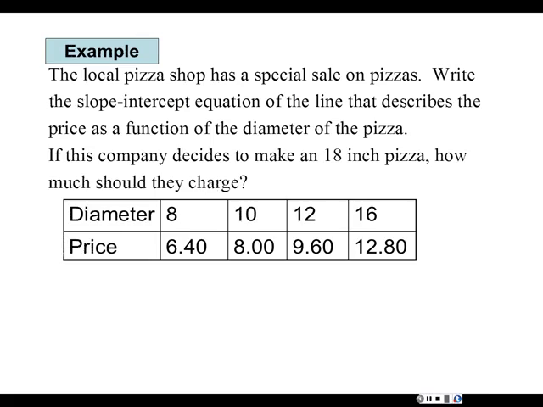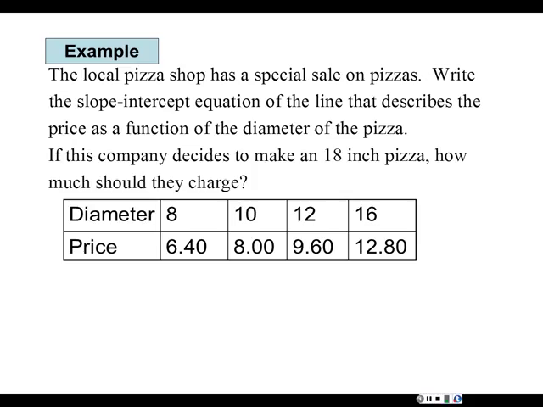Okay. Now this is another example. It's not answered, so we will try to do it ourselves. Let's say we have a local pizza store, and they have some options and prices. These are the diameters of the pizzas, like 8, 10, 12, 16, and these are their prices.